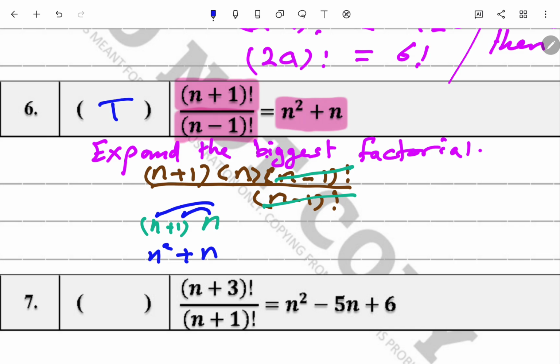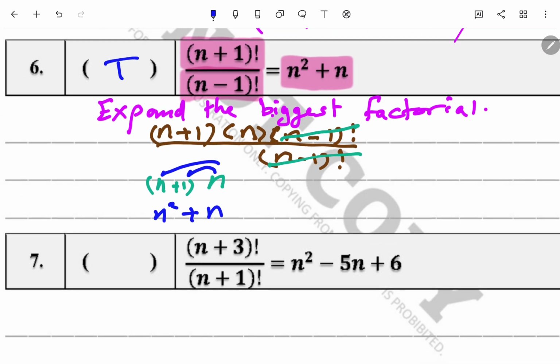Now, in number 7, we can do something similar. Expand the biggest factorial, which is up, n plus 3 factorial divided by n plus 1 factorial. So let's start with the biggest, which is n plus 3, which is the first factor. Next, we have n plus 2, then n plus 1, then n factorial.